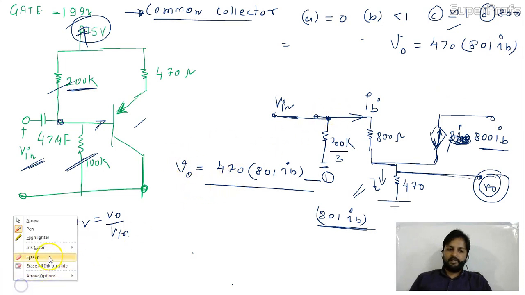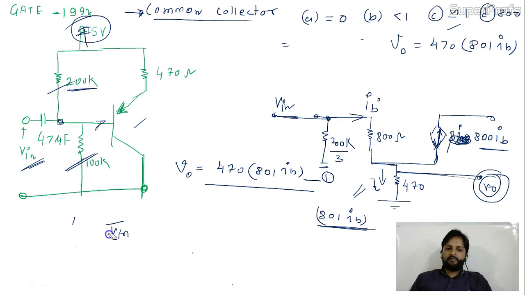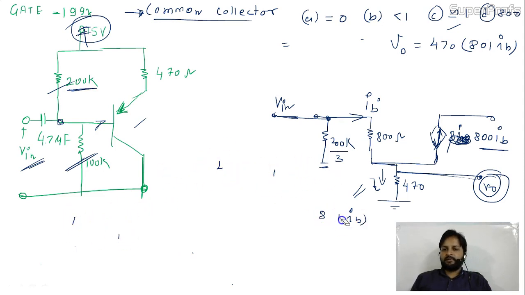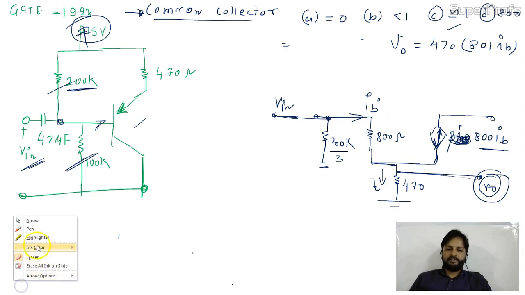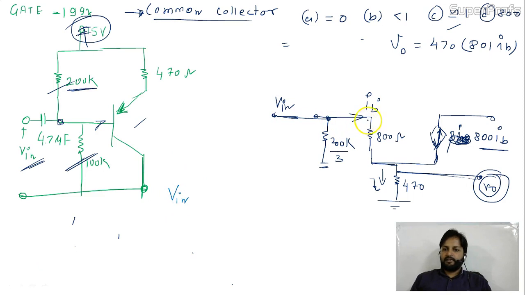How to calculate V in now? Tell me. To calculate V in, you will apply KVL in the input side of the loop or mesh, whatever. Means you will start from V in, you will go to the ground. Always start from V in and go to the ground if you want your current or voltage drop. So I am starting with V in. You go into this, you have a drop of 800 IB.